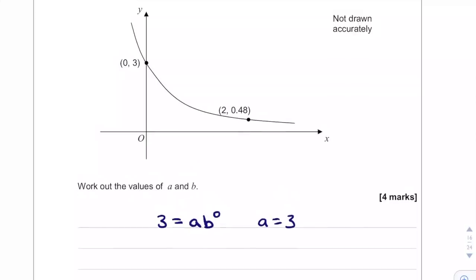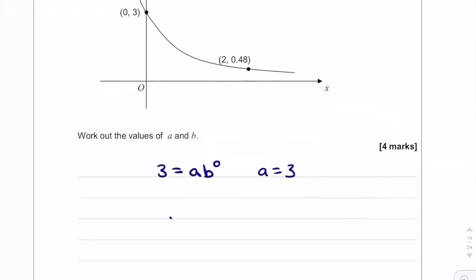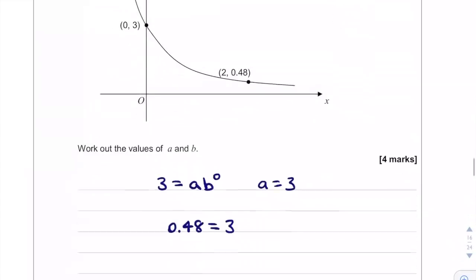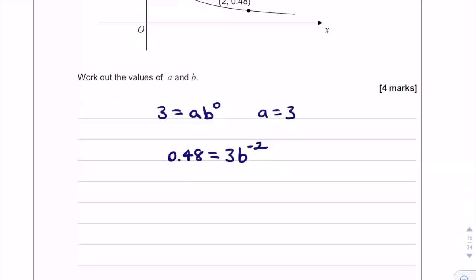So we replace y with 0.48. And then we've got a, which is 3, multiplied by b to the power of minus 2. Now, what can we do? We can divide both sides of this equation by 3. So we get 0.48 divided by 3, which is 0.16, equals b to the power minus 2.